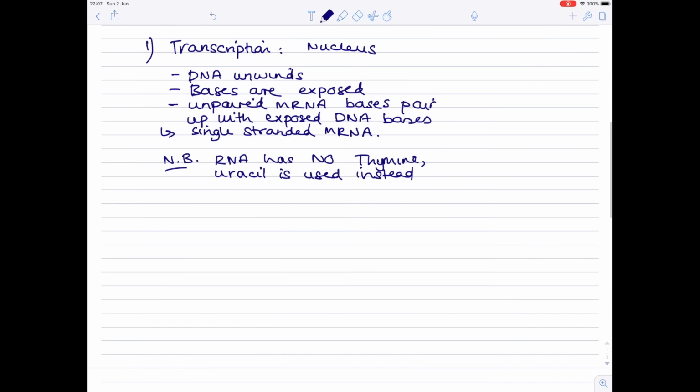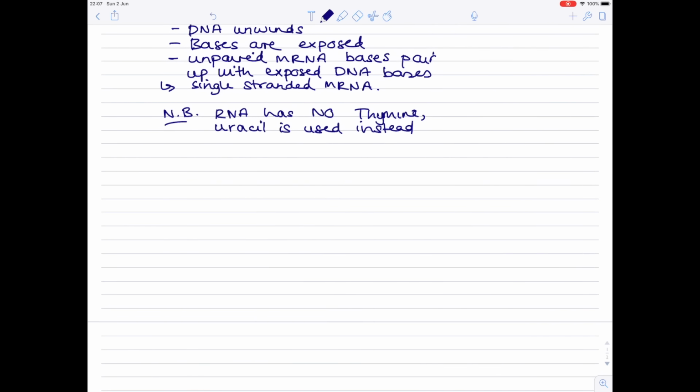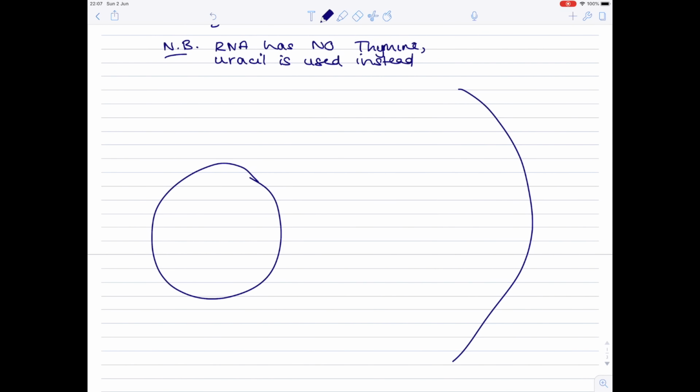So if we try and look at this in a bit more detail, if I draw the nucleus here, so here's the rest of the cell, say we unwound some of the DNA strand to get a single strand which looks like this.